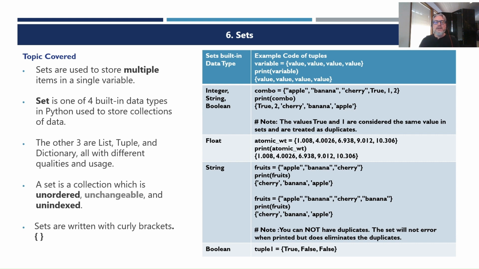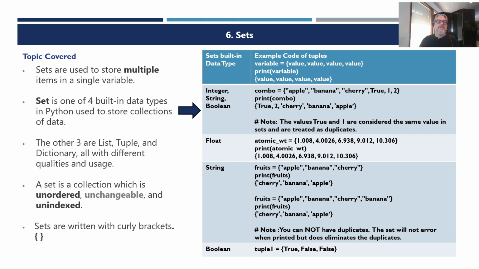Unchangeable means that we cannot change the items after the set has been created. Once a set is created, you cannot change its items, but you can remove items and add new items. Duplicates not allowed. Sets cannot have 2 items with the same value.